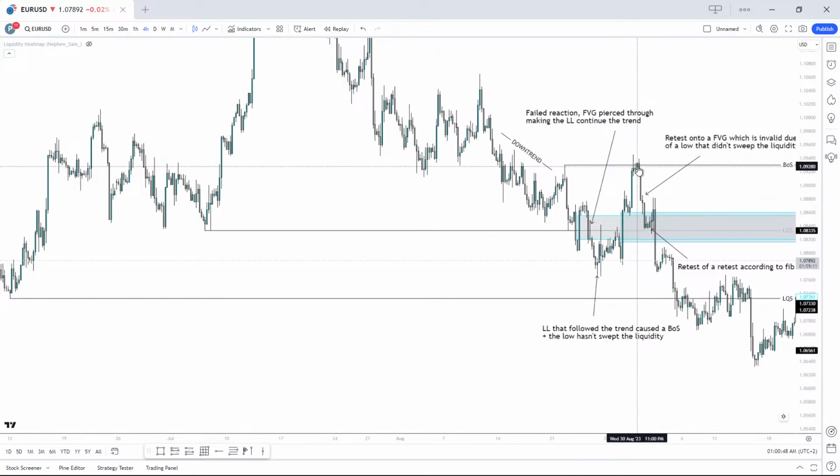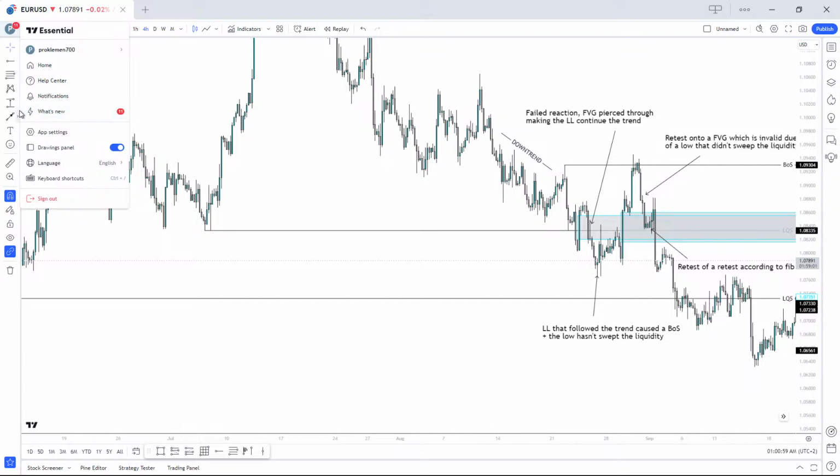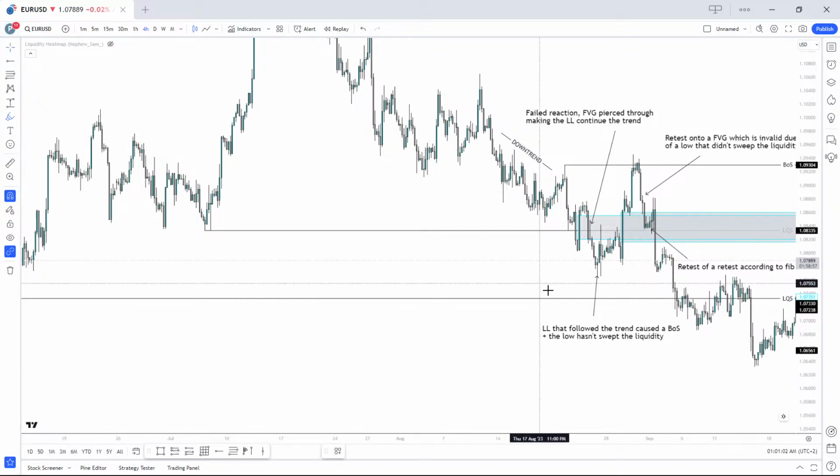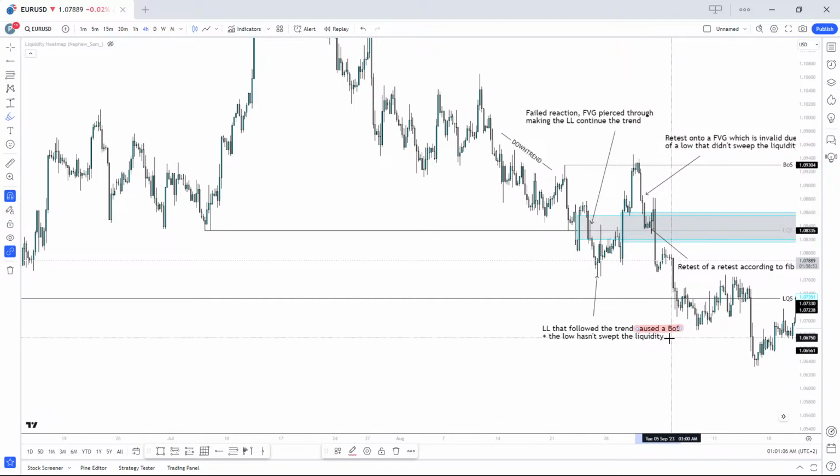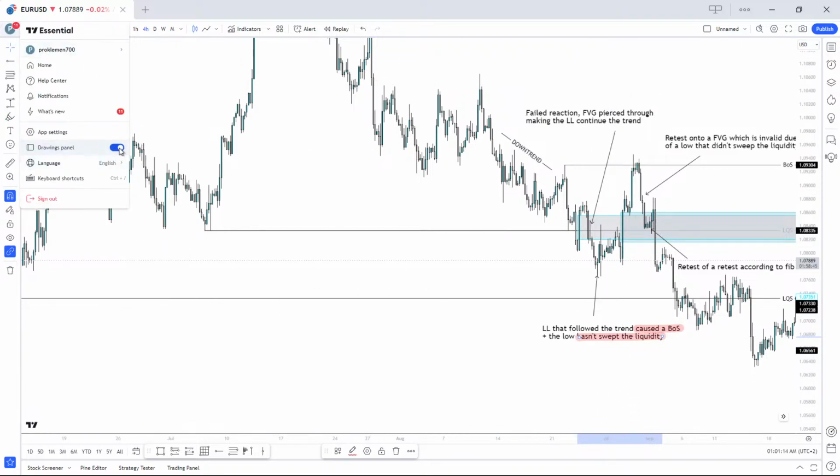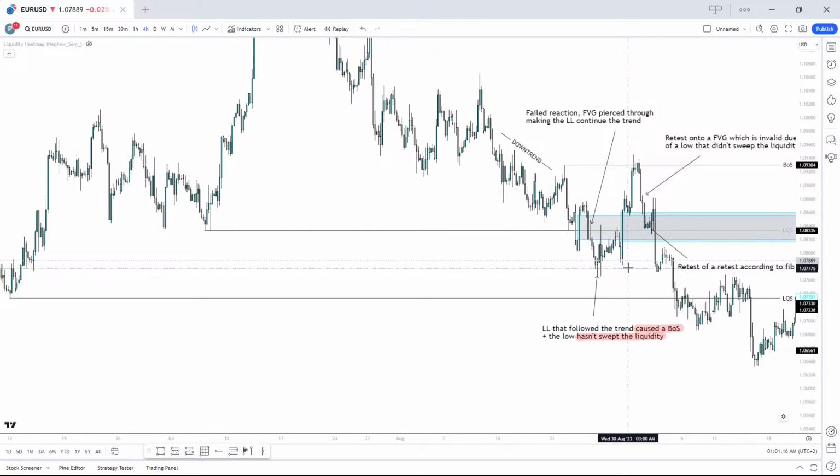Okay, so break of structure, plus the low hasn't swept the liquidity. Okay. I know we can actually mark this up a little bit, because I just got confused by it. Cause break of structure. Hasn't swept the liquidity. Alright, makes more sense. Hasn't swept the liquidity, okay.